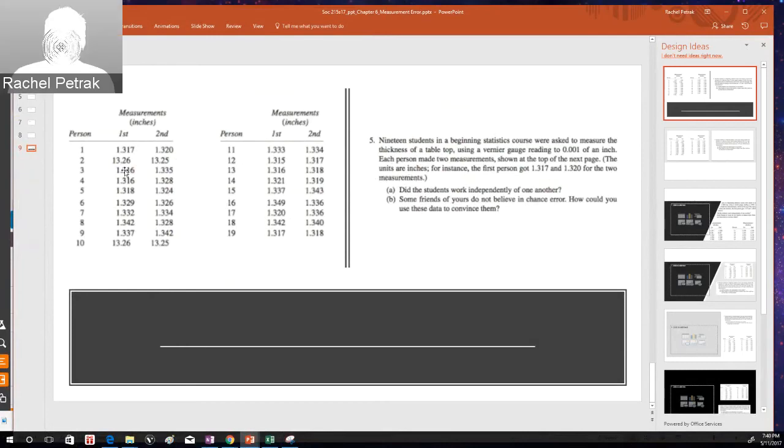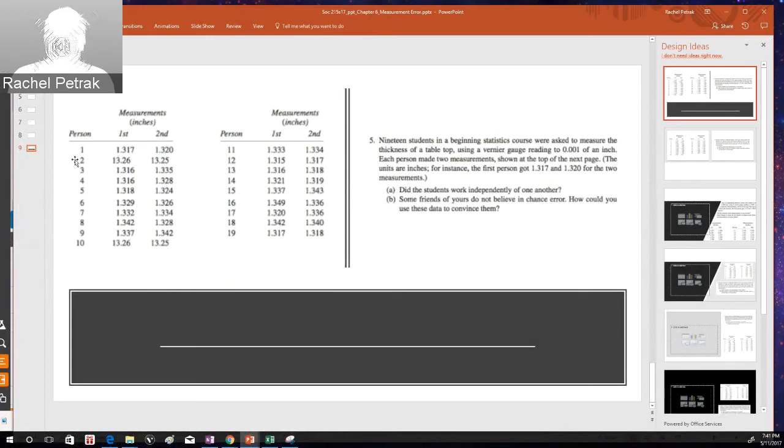We know each person made 2 measurements, and we can see their measurements here, first and second. Most of these measurements are within approximately 0.1 of 1.3 something. But we've got 2 people who have measurements way outside of the scale, 13.26. What happened there? I think that these people may have misplaced a decimal.